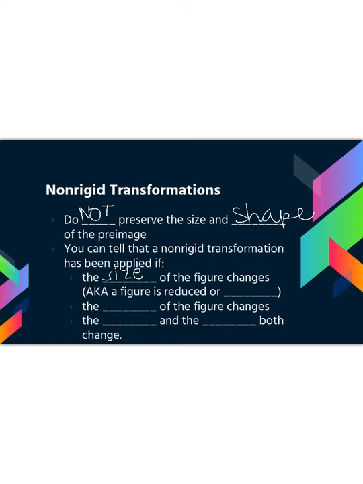We can be more specific and say that a figure has been reduced, so the size has gotten smaller, or it has been enlarged, so the size has gotten bigger. We can also spot a non-rigid transformation if the shape of the figure changes. If both the size and shape change, that also tells us that a non-rigid transformation has been applied.